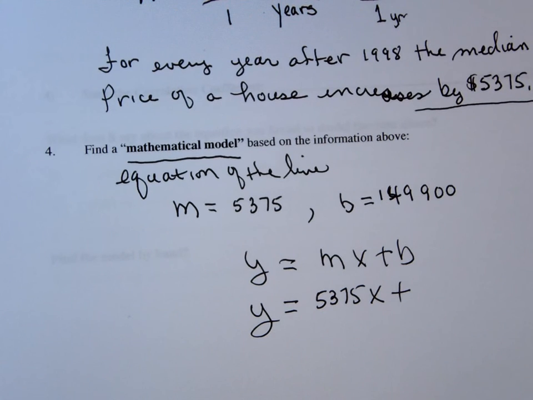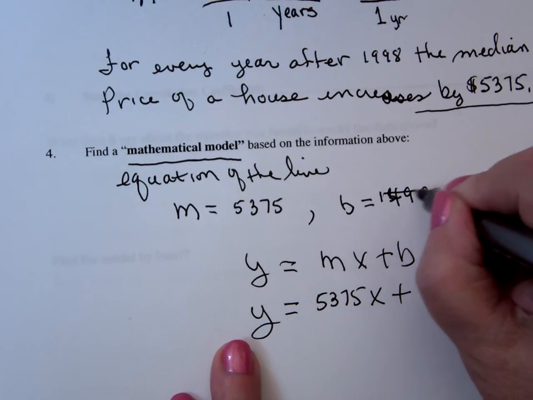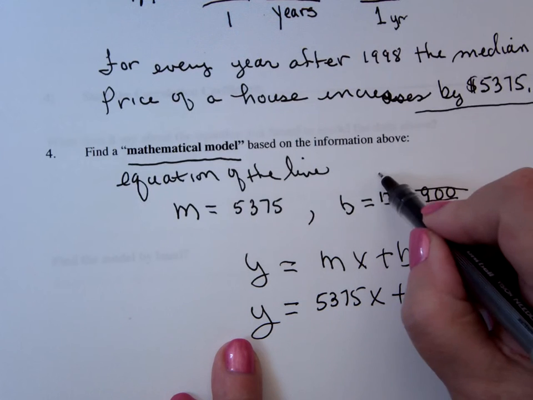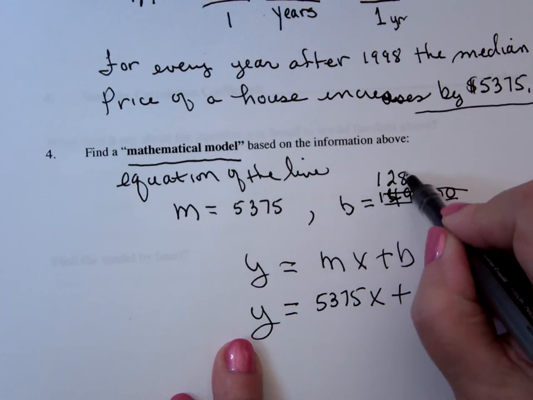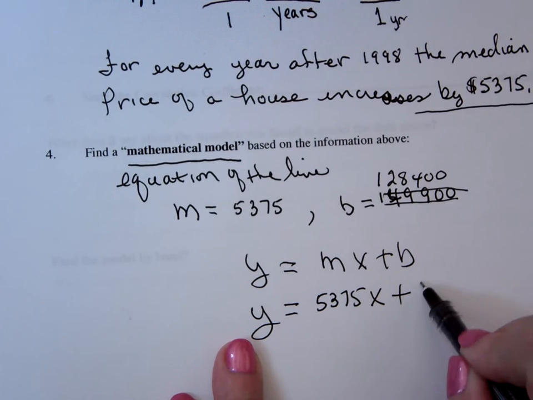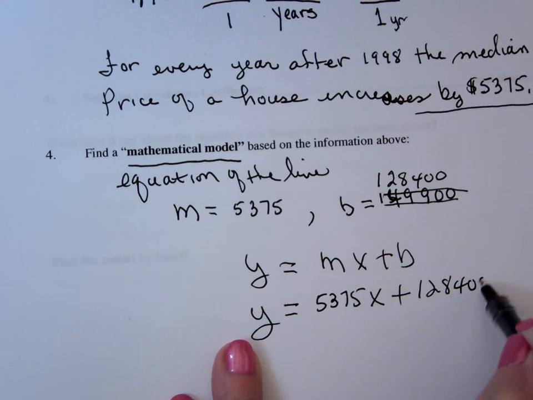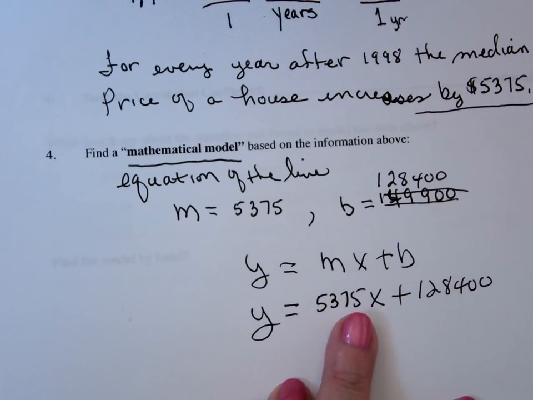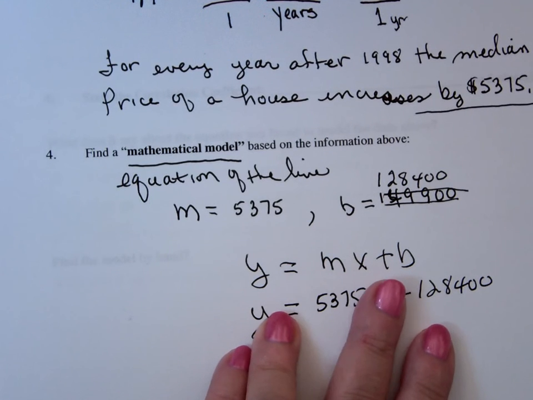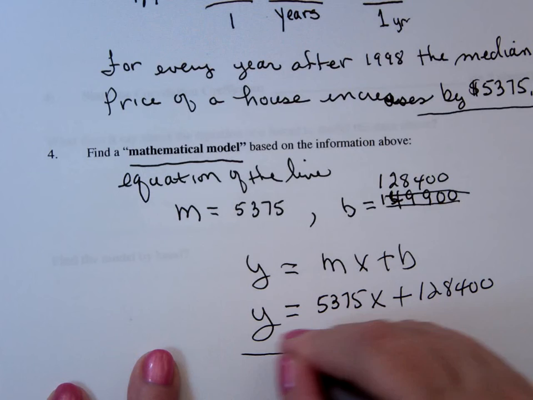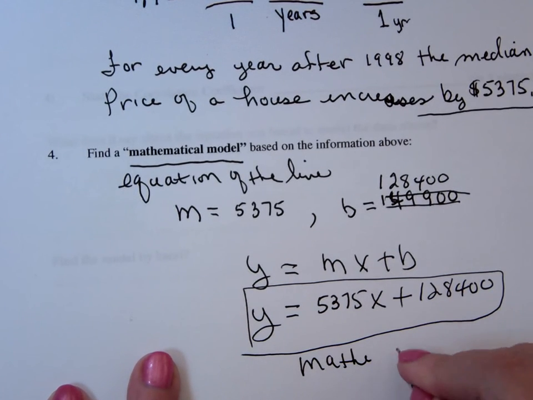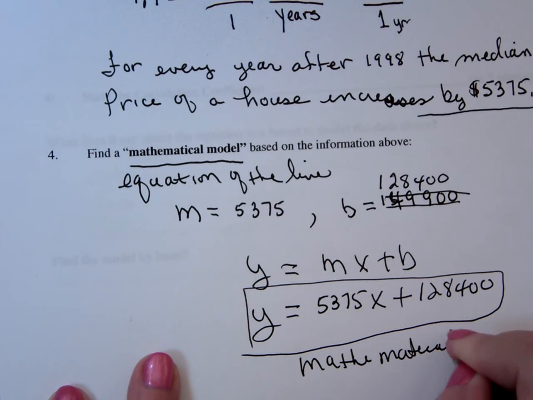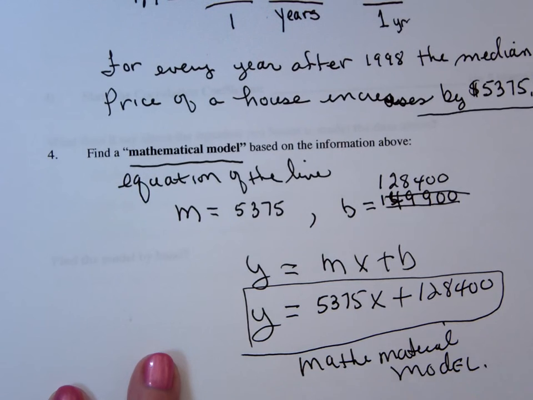Who knows what I did with it? So I'm going to have to scratch this out. Ugly though it be. 128,400. So that when x equals 0, then y equals 128,400. So that's your mathematical model. Just the equation of the line.